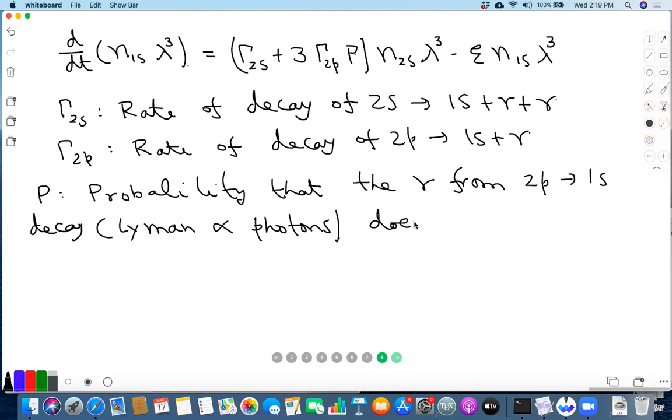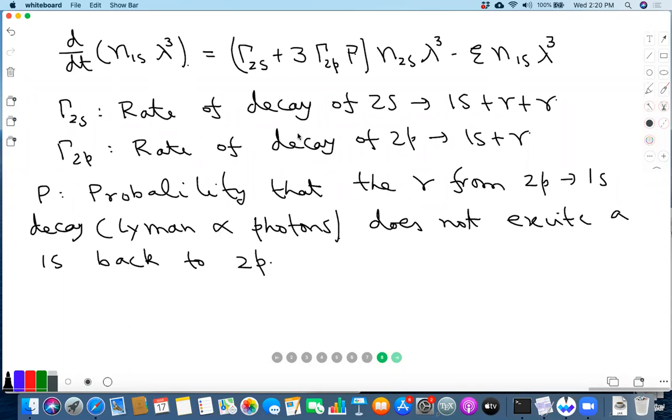that this does not excite a 1s back to 2p. Because you see, it is probable that this gamma, which is much more numerous than the number of thermal photons of this energy that is present, will eventually hit a hydrogen atom in its ground state and excite it back to 2p.